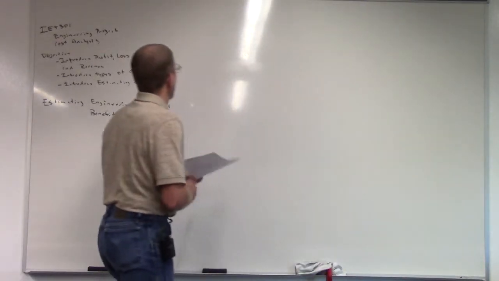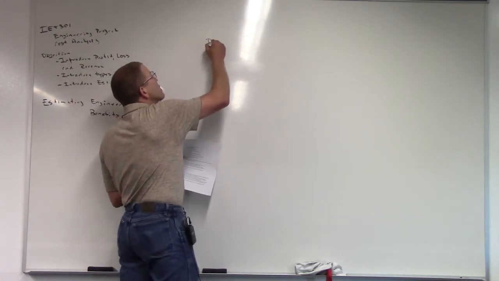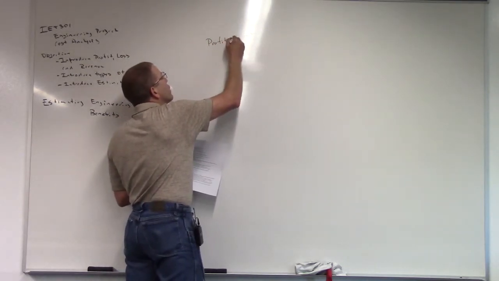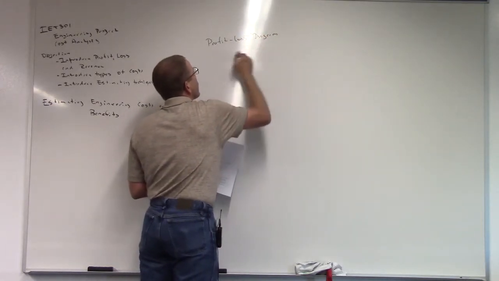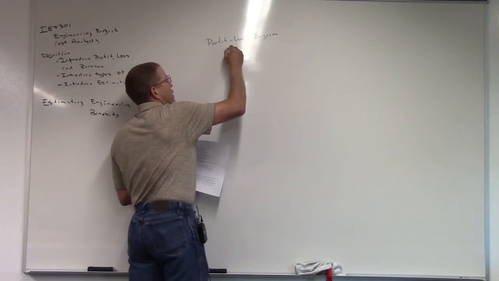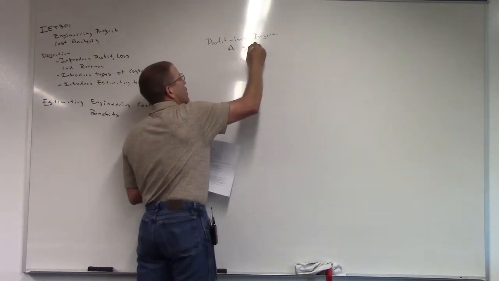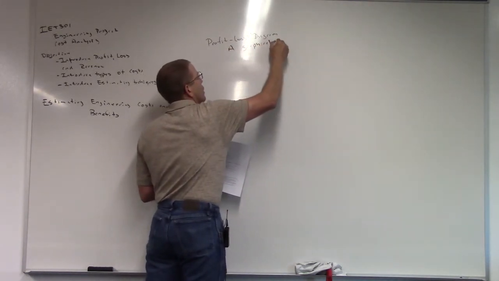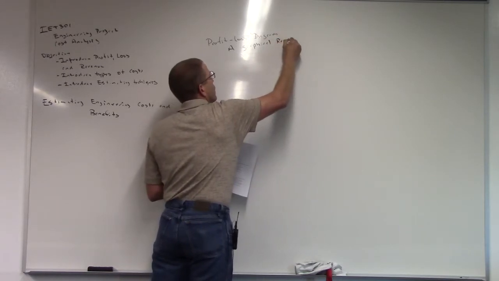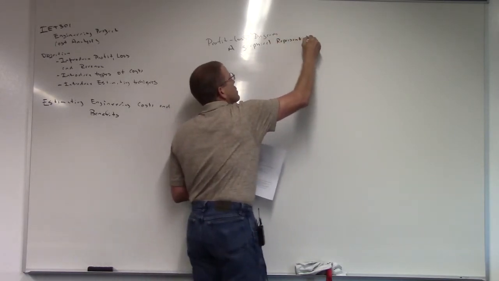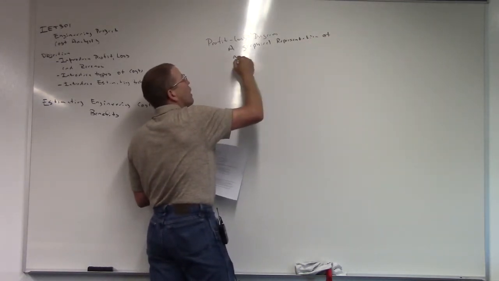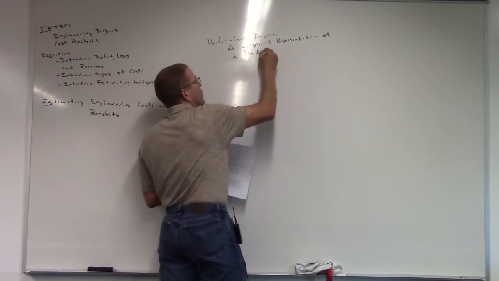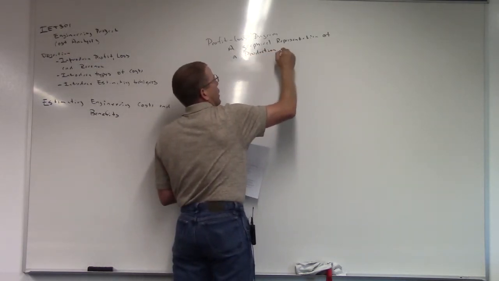So a profit loss diagram provides us a graphical representation of a production or other income streams.